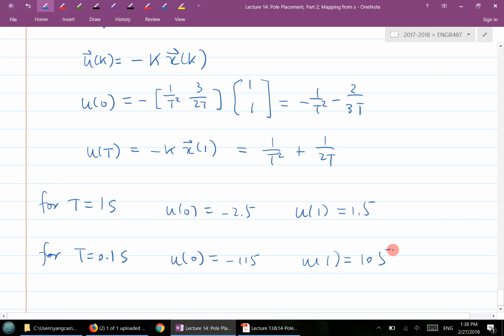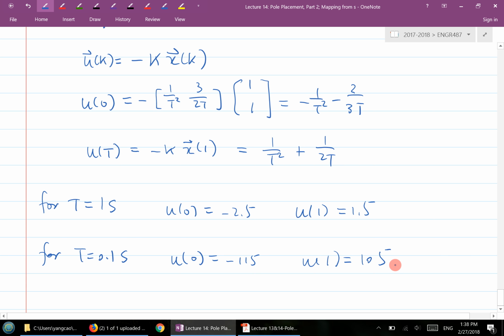So what this number tells you is that your first control input is negative 115, and then the next moment it becomes positive 105. Yeah, that's a dramatic change.